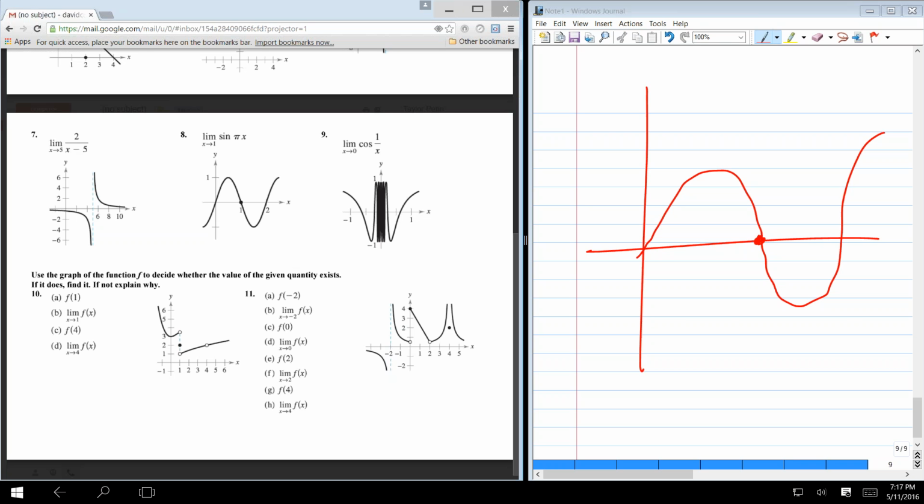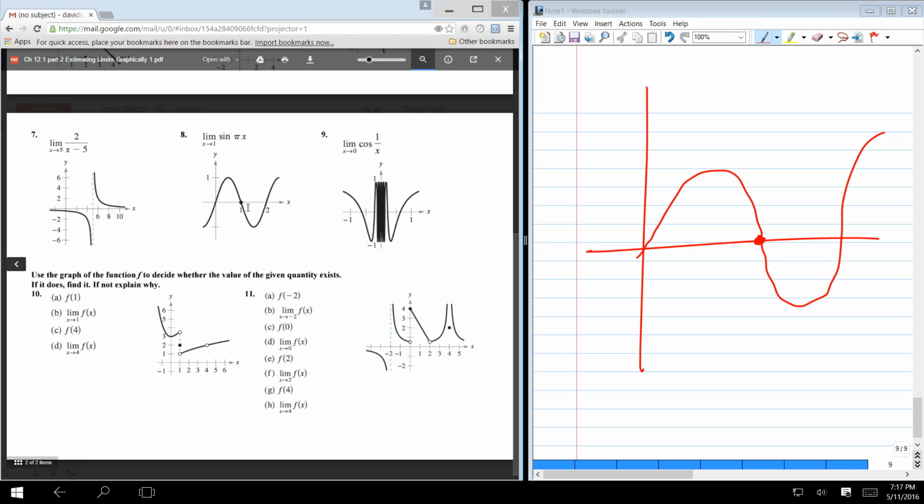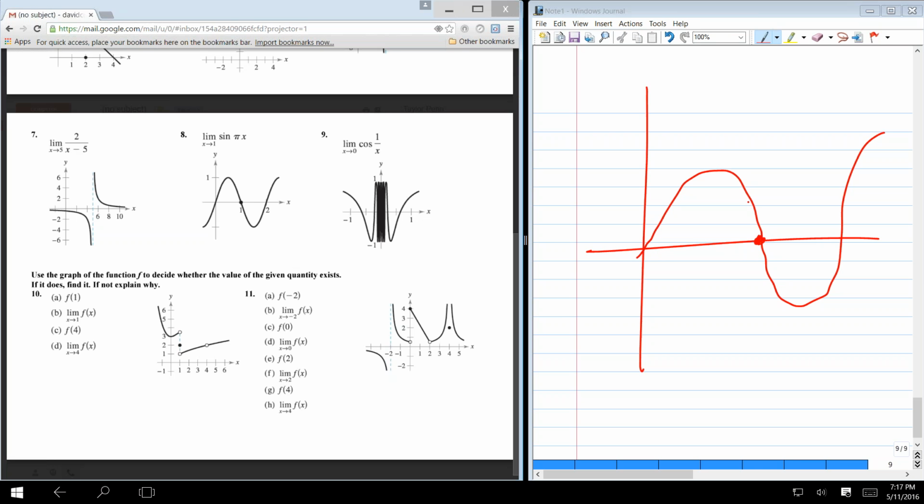I'm not quite sure how to explain it better, but the way I explain it is, get on the curve, approach this number from the left. Well, that's what I'm doing if I'm on the curve. What am I headed for? I'm headed for a y value of 0. And when I approach it from the right, I'm headed for a y value of 0. So the limit has to be 0.